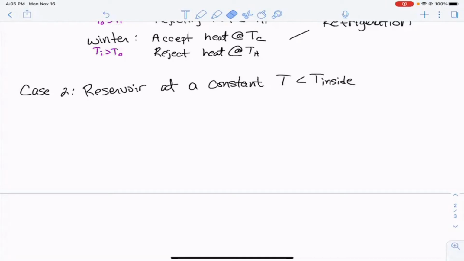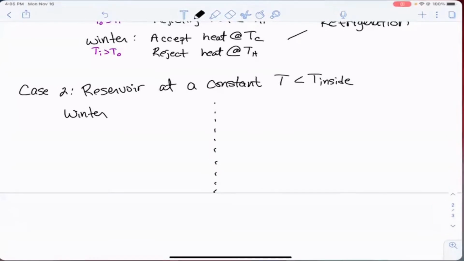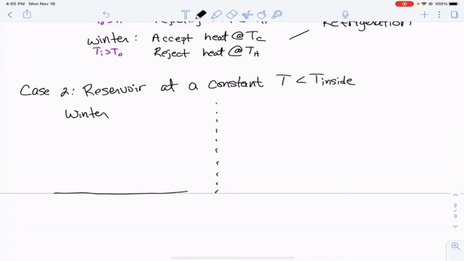Well, in the wintertime, let's say here's the ground, and we have our house. Really what's happening in the wintertime is that we have heat, which I'll call Q star, leaving the house.